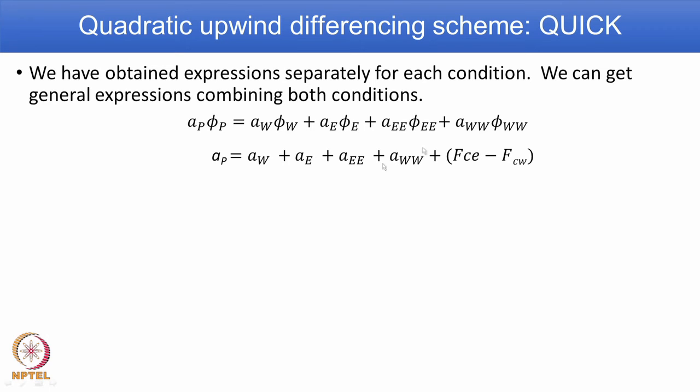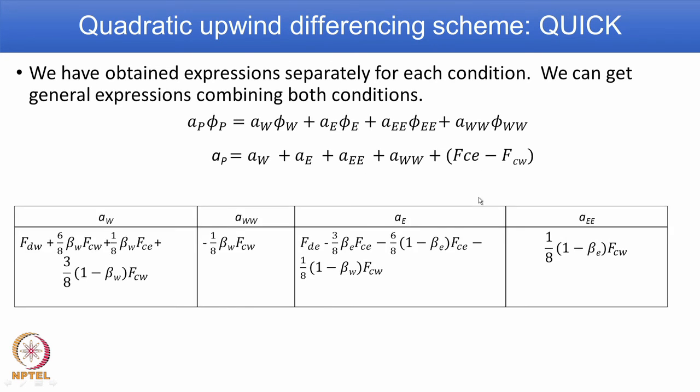So, AP is AW plus AE, then you also have AEE and AWW. These depend on the direction of the flow, plus FCE minus FCW. You can also put them together in generic form in this way as shown here. So, AW coefficients are written in detail, AWW coefficients written in detail, and AE and AEE.